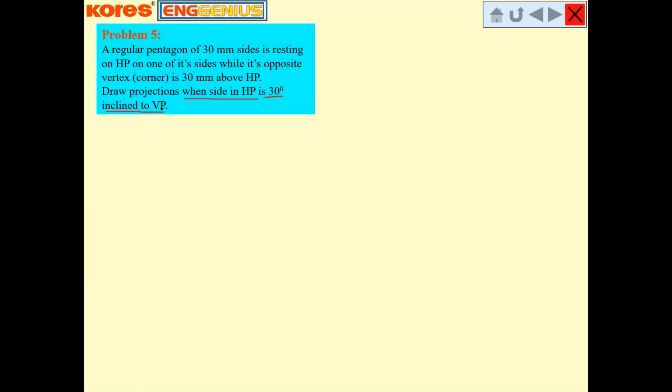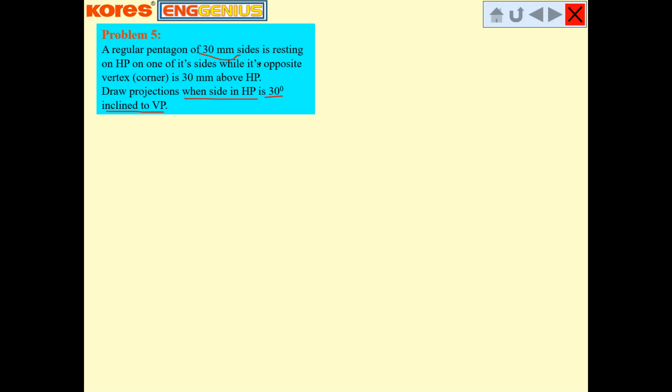It means we are same as the previous problem. We are having side inclination, we are having the side length of the pentagonal plane. But the thing is, instead of providing the surface inclination, they have provided us a condition: the pentagonal plane is resting on HP on one of its side, while its opposite corner is 30 mm above HP.